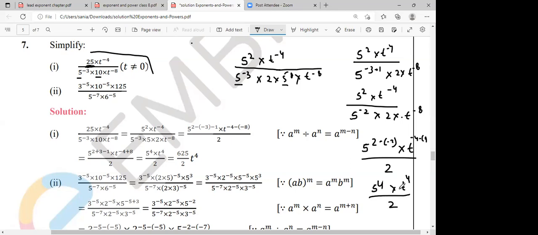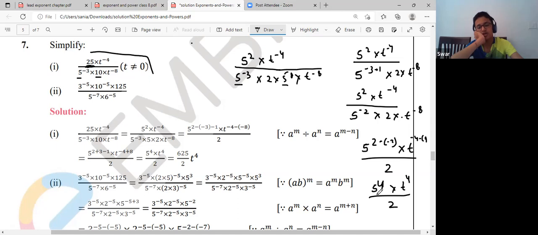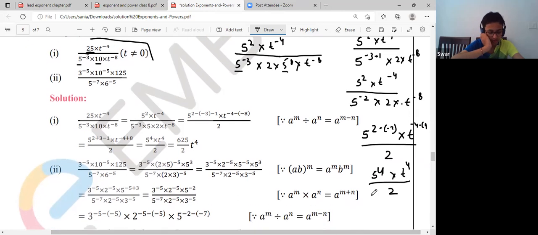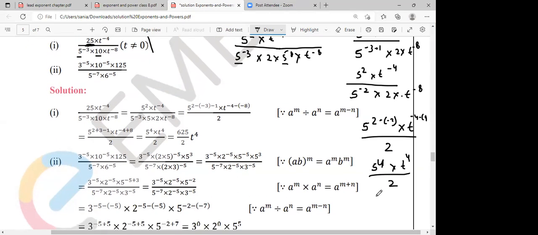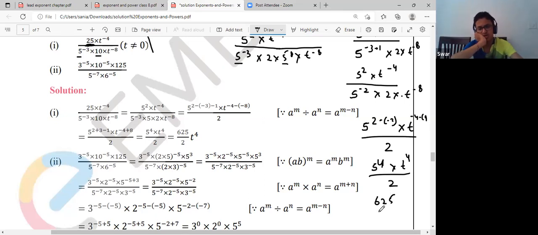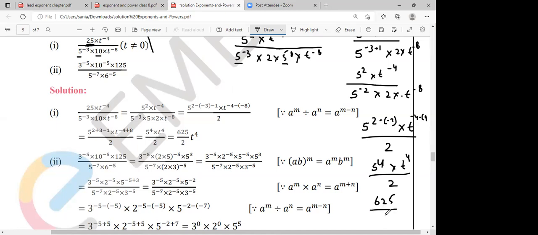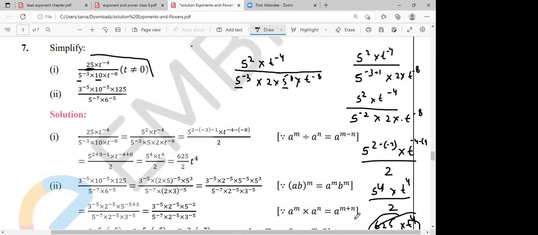Yes, ma'am. So simply solve it. 5 raised to the power 4 is 625. Yes, you're correct. So it is 625 over 2, multiplied by t to the power 4. This will be your answer.